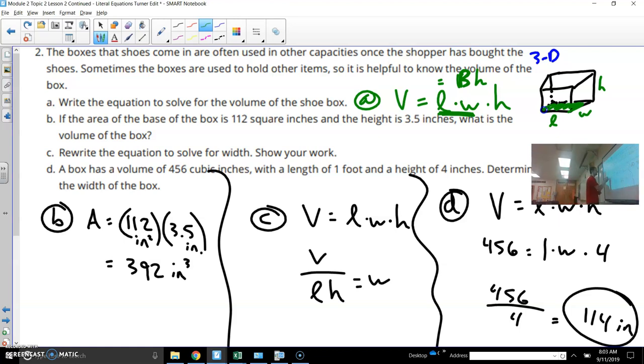So they've kind of already told you that the length times the width is 112. That's what they mean by the base area of the box is 112, kind of what I've sketched over here in green. And so we could just say, well, the length times the width gives us the base area of 112. Let's then multiply that by 3.5, and that tells us the volume in that scenario of 392.